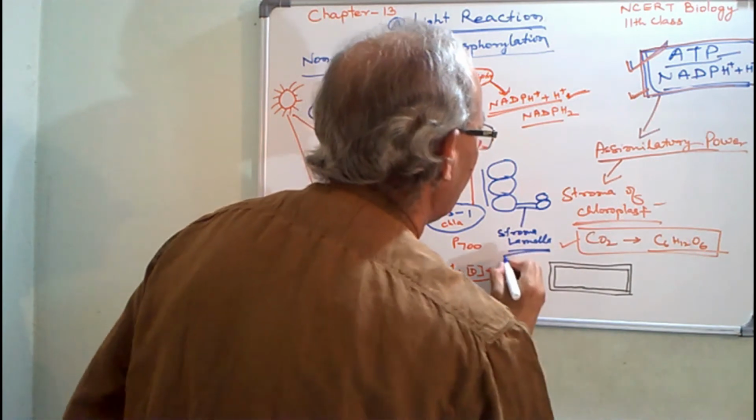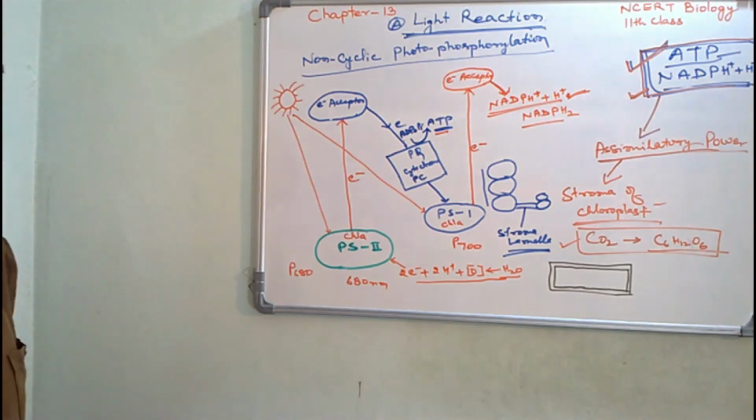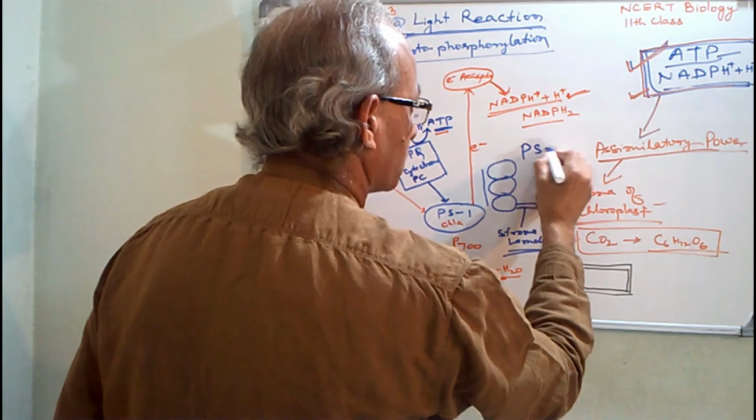On stroma lamellae, only one type of photosystem is found, that is photosystem first.